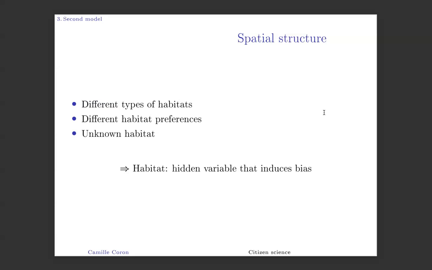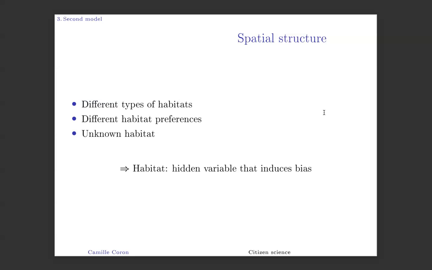And these habitats will have an impact both on the position of observers and of observed individuals. And as we do not know the habitats in which each observation is made, this could induce some bias in our observations.